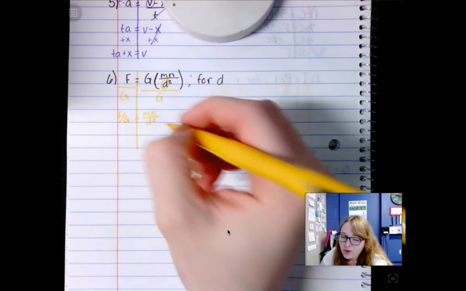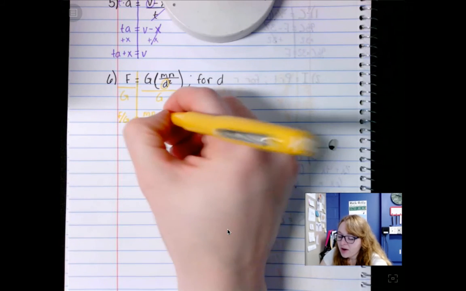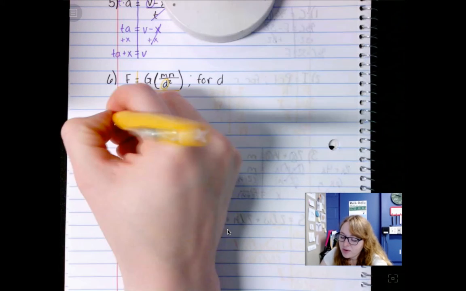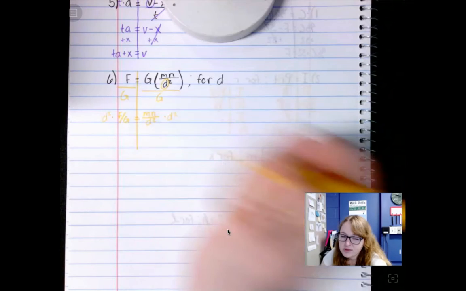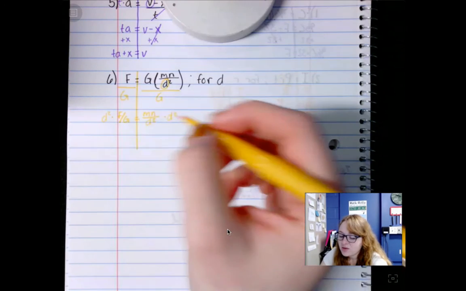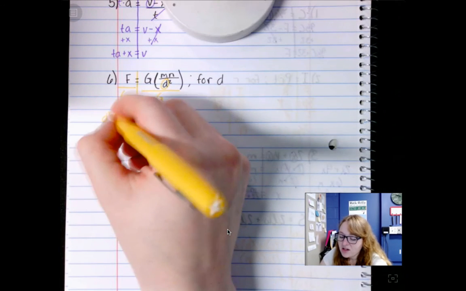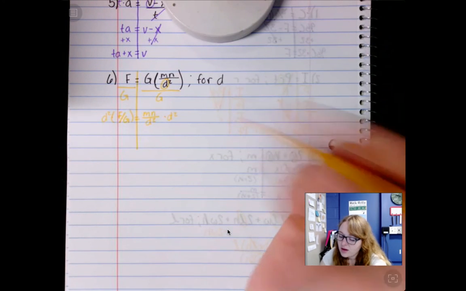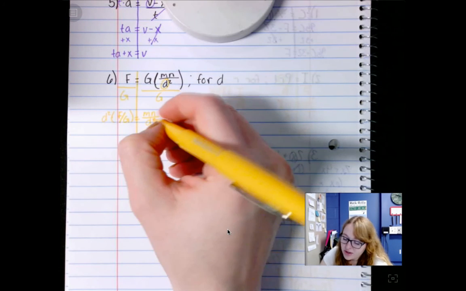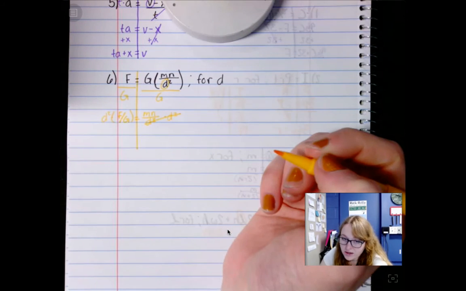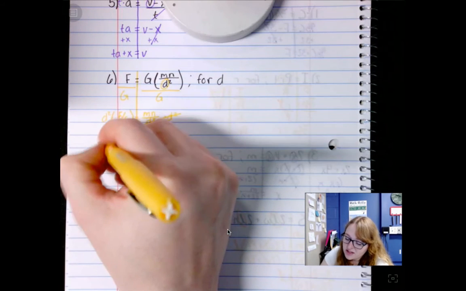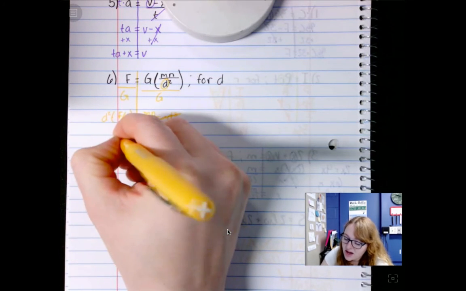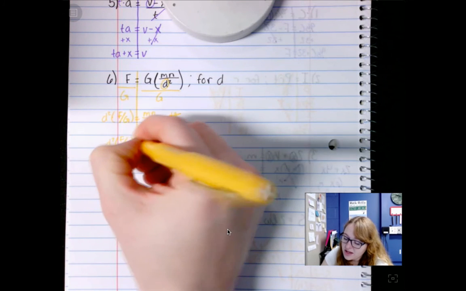Now, to get rid of that denominator, we are going to have to multiply by d squared once on each side of the equal sign. But this d squared is being multiplied by f and g, so we're going to put that in some parentheses. Multiply by d squared, divide by d squared, those are going to cancel because they go to 1. So we have d squared times f over g equals mn.